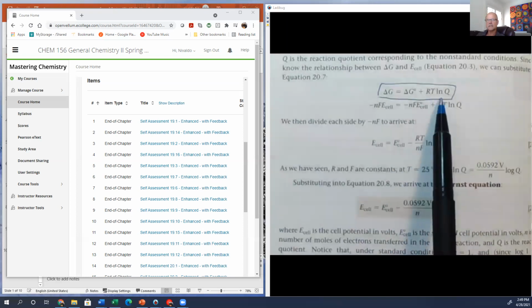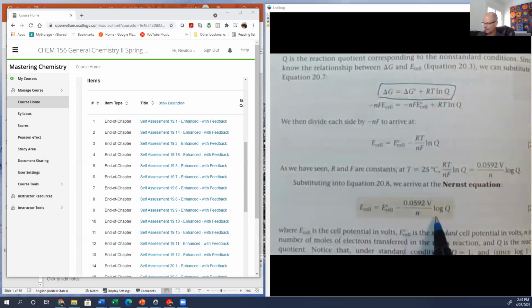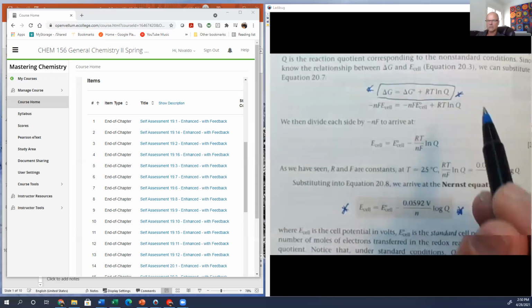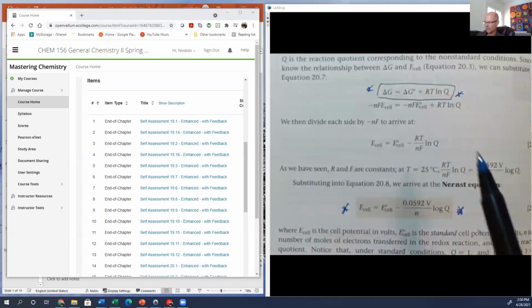Physical chemists tend to like to use the natural log of Q, but electrochemists tend to like the base 10 log of Q. So from here to here, all I did was combine all those constants and convert the natural log to base 10 log. And that's how you get this equation. But this is the equation you want to use for the E cell. This is the equation you want to use for delta G. So you've got to remember that this one has the natural log. This one has the base 10 log.